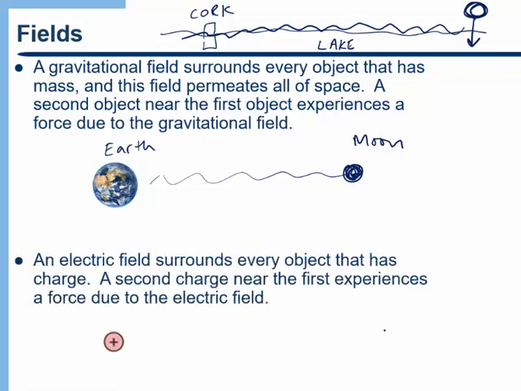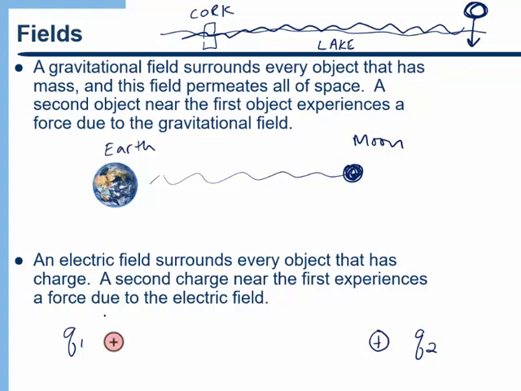Now, up to this point, we've talked about the interaction between charges using Coulomb's law. We've said that charge Q1 directly exerts a force on charge 2. But the way we're now going to talk about this is that charge 1 creates an electric field. Charge 2 experiences a force not directly from Q1, but from the electric field created by Q1.